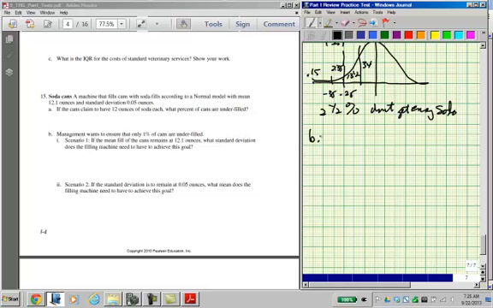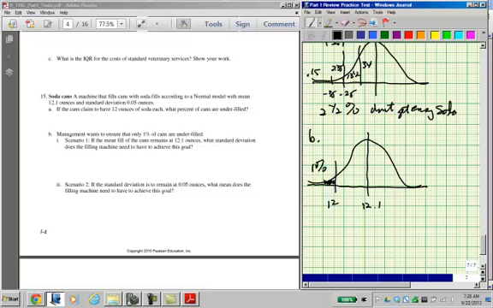B. Management wants that 12 ounces to become 1%. So, if the mean remains 12.1, what has to be our standard deviation? So we draw a picture, and here's 12.1, and here's 12. But now we want this to be 1%.